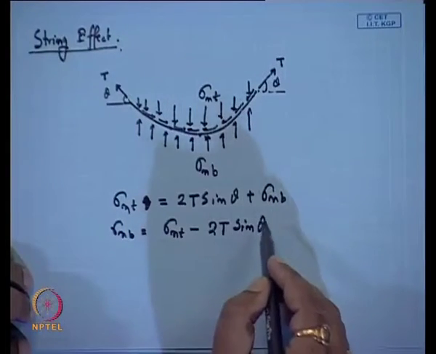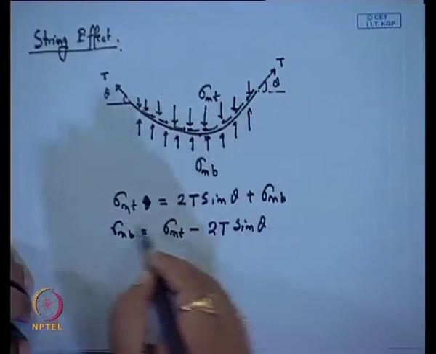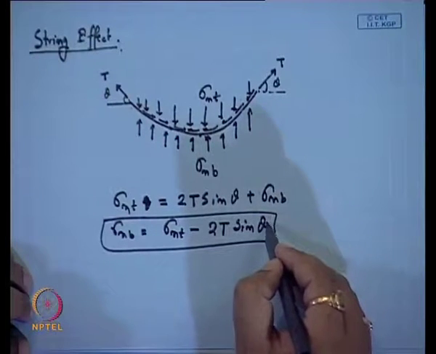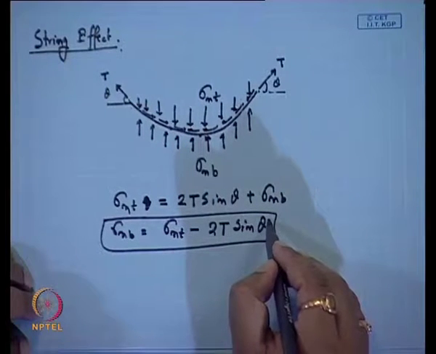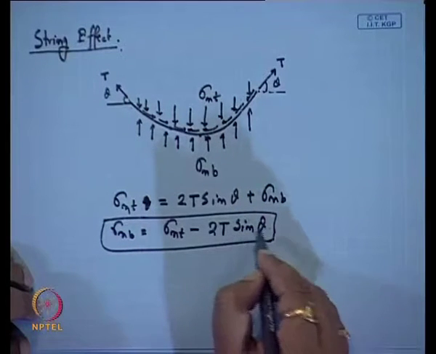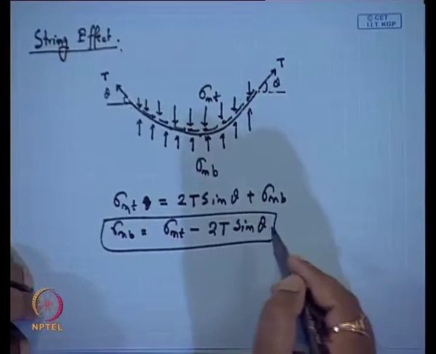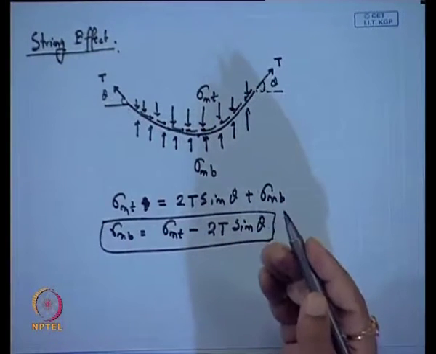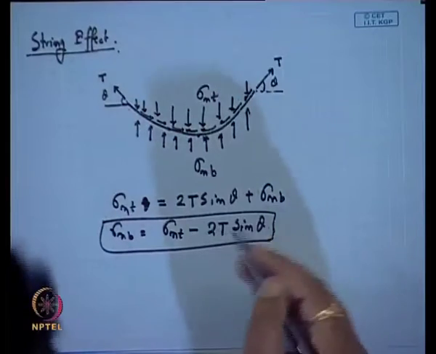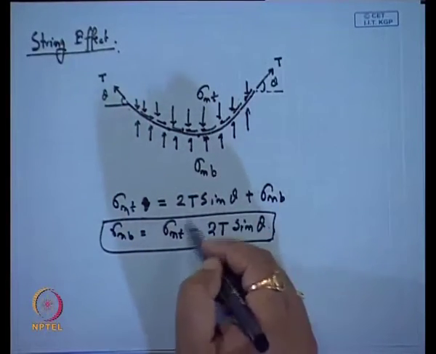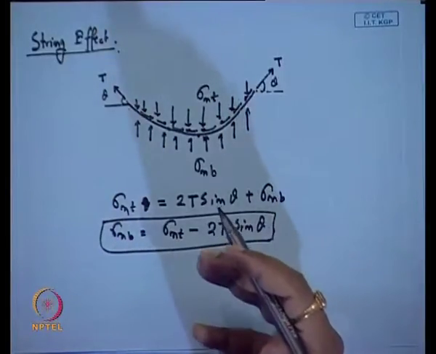See this expression: if I increase theta, the sin theta value will also increase, and at the same time sigma n b will further decrease. If there is more reduction of sigma n b, the stress below the reinforcement, the efficiency of the reinforcement will increase.